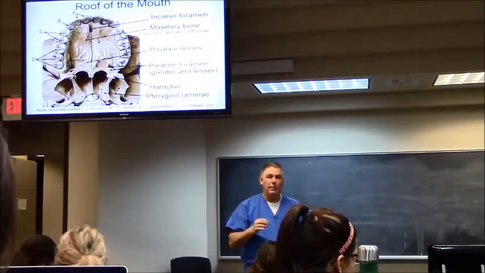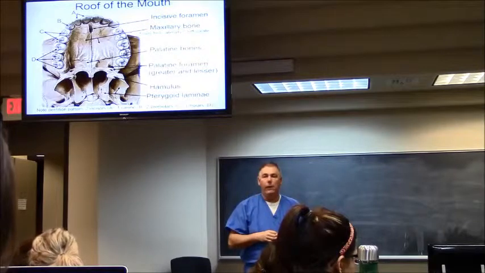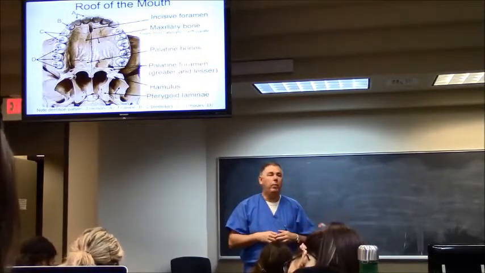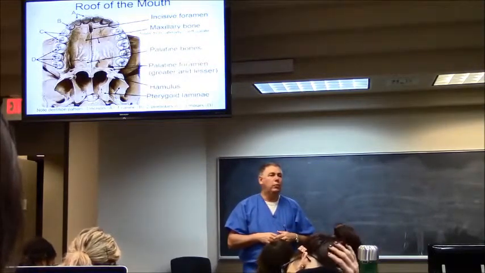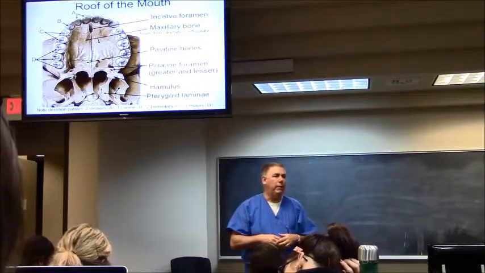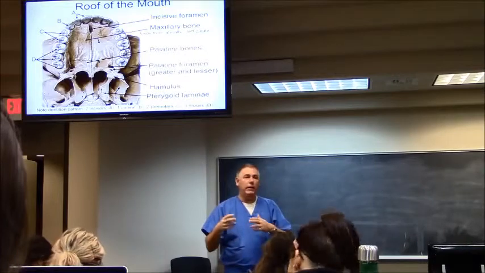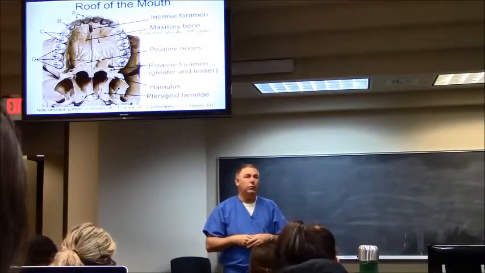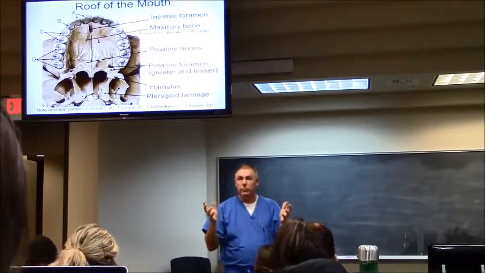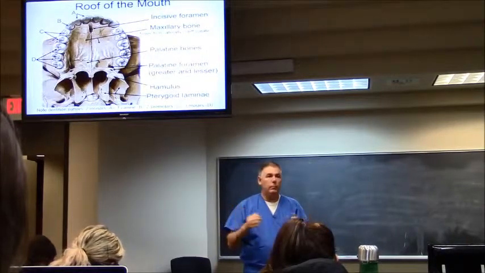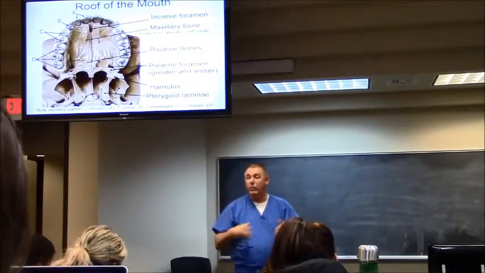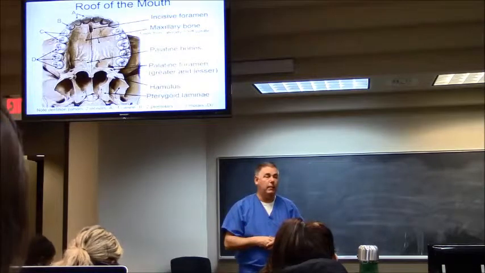Epistaxis. People with posterior bleeds usually have it because of some type of blood disorder, a blood dyscrasia. Dyscrasia means there's something wrong. You don't have enough platelets, or you have leukemia, or something like that.